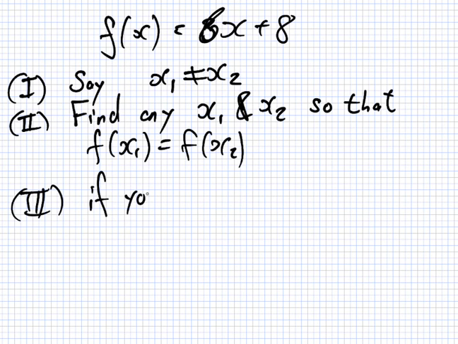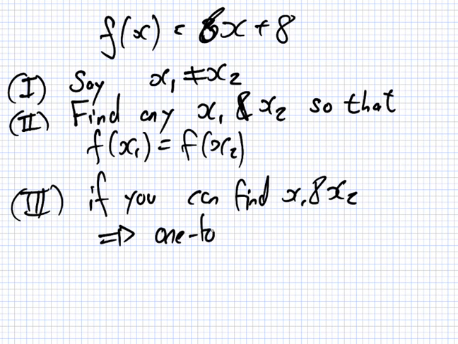If you can find x1 and x2, then that means it is 1-to-many. And if not, that is 1-to-1.